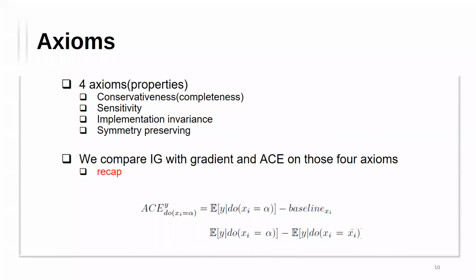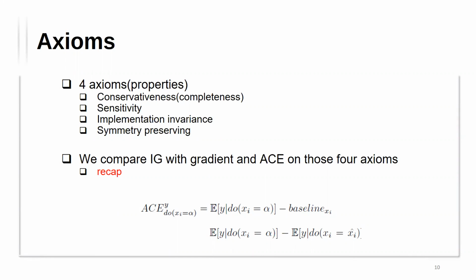Then this paper proposed 4 axioms that all attribution methods should satisfy. Actually, I would talk about 5 axioms, but one of the axioms comes from the average causal effect paper.